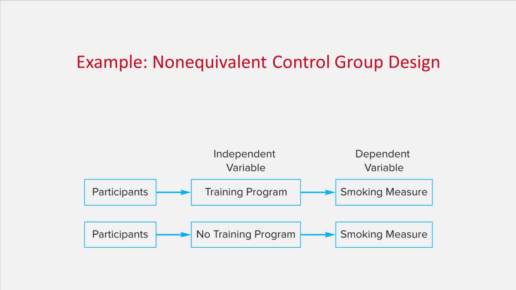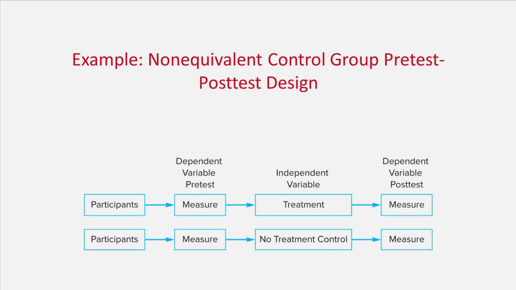Very simple. We can have some participants that go through a training program, and then we can measure how much they're smoking. Then we can have some smokers go through a no-training program and measure their smoking as well to see if there is a difference. We can use a control group design the same way. The non-equivalent pretest-posttest group design works the same way, where we have a measure before the treatment and then after, and we can see if these measures are the same or if they're different.